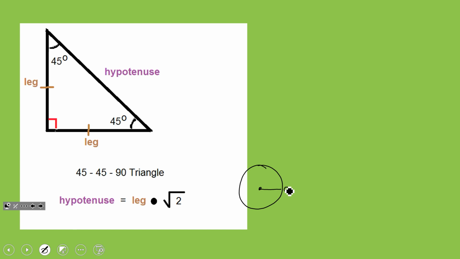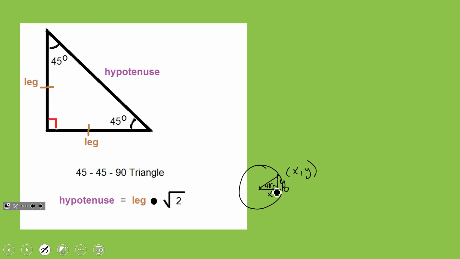And if I go to a 45-degree angle, and I go across X units, and I go up Y units, that would make a coordinate point on the unit circle, X comma Y.